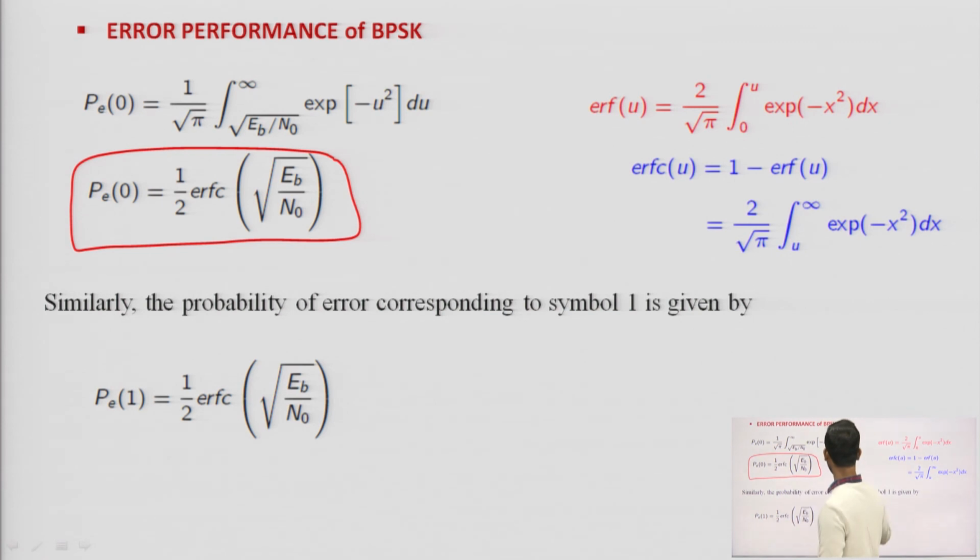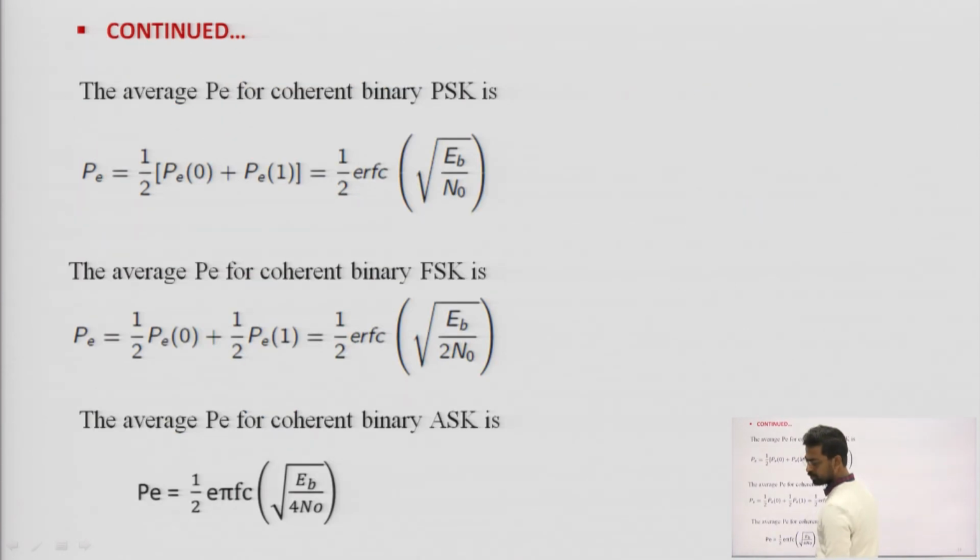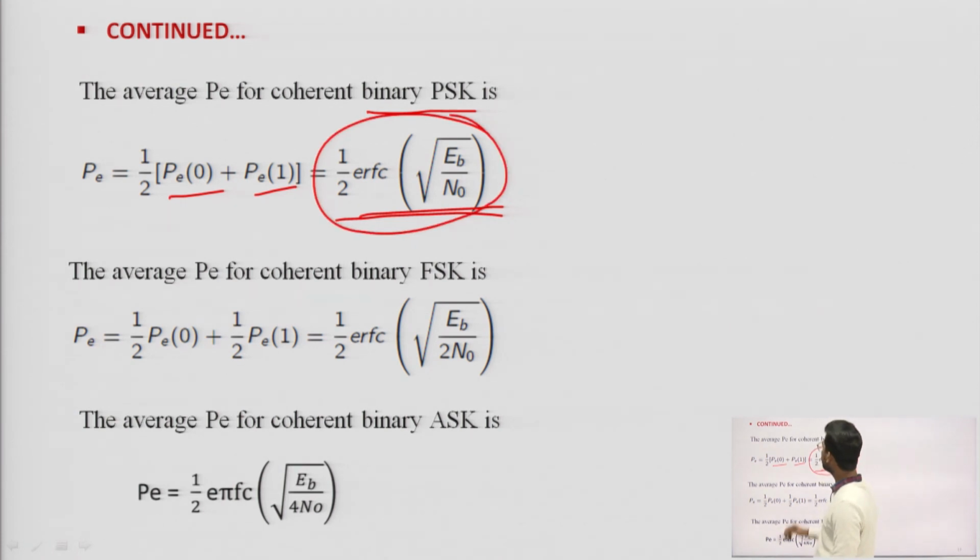Similarly, the probability of error for symbol 1 is the same. The average probability of error for binary PSK is half into P0 plus P1, which is again the same.